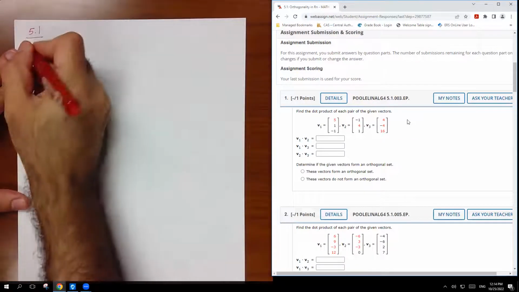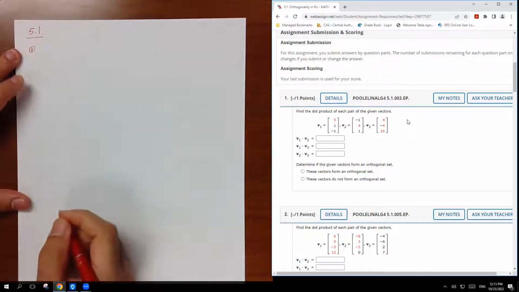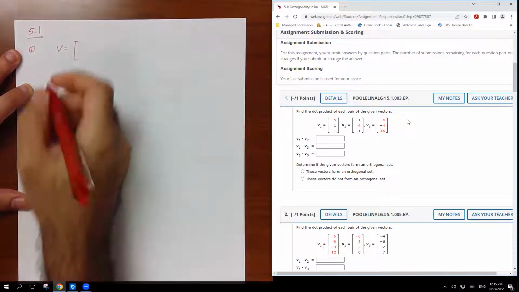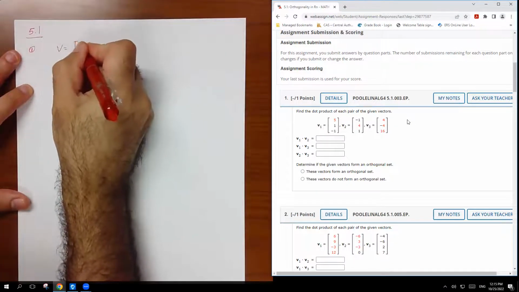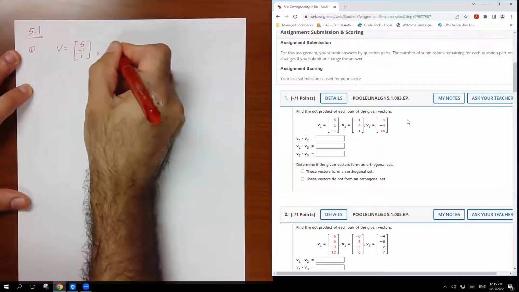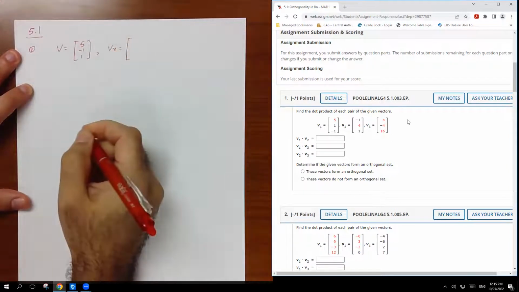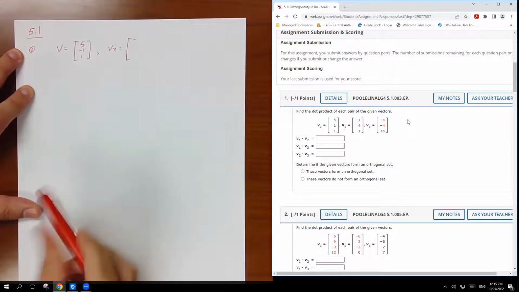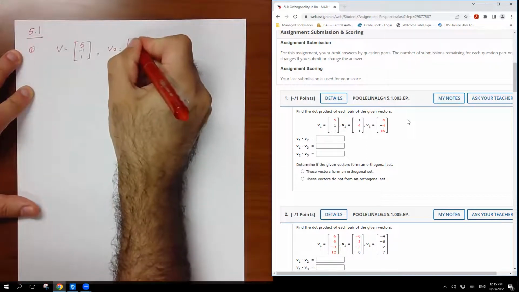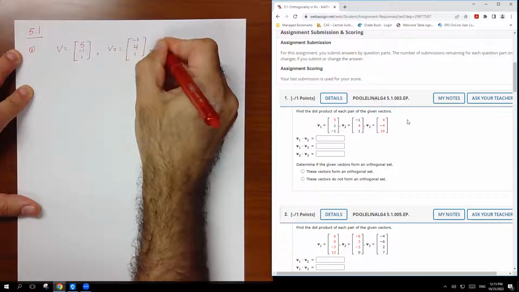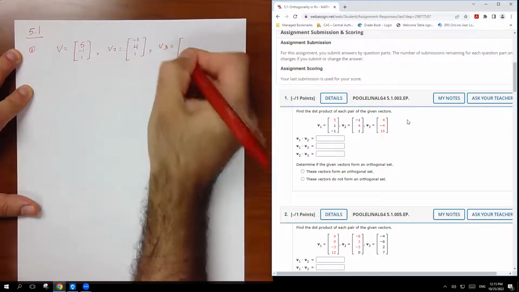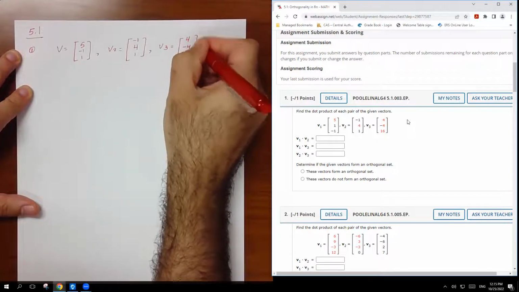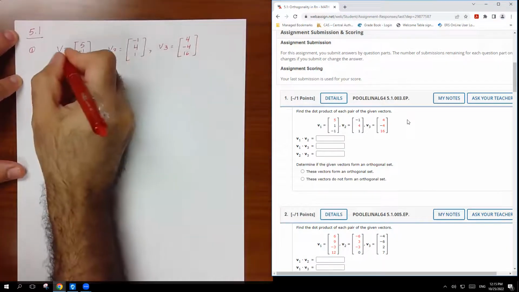So question 1, we have v1 equal 5, 1, -1, and v2 equal -1, 4, 1, and v3 is going to be equal 4, -4, 16.